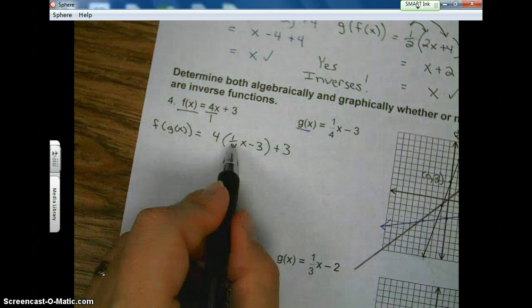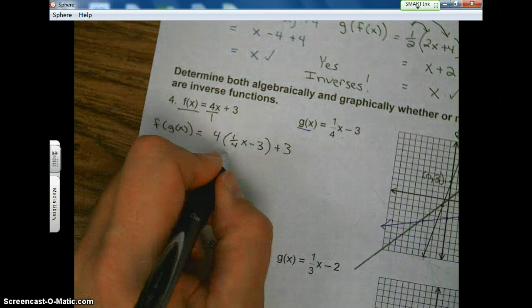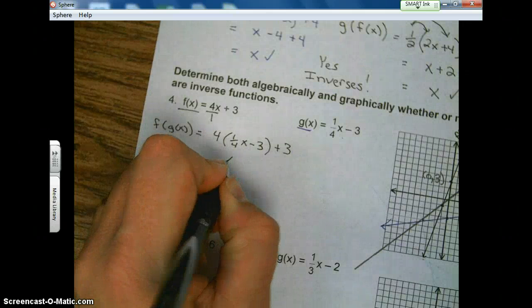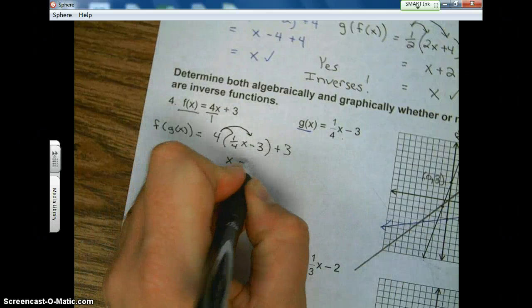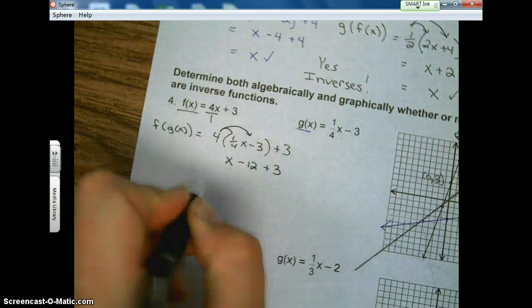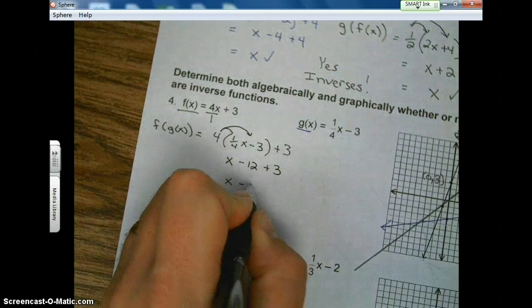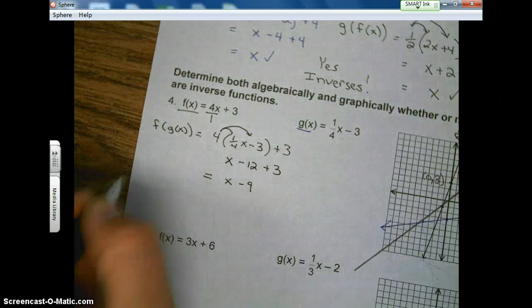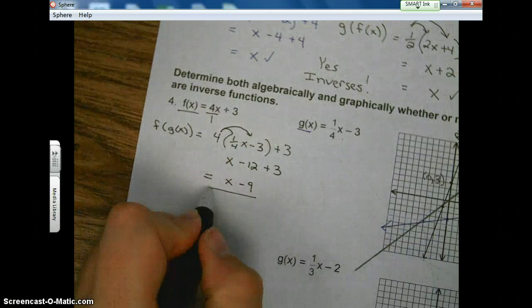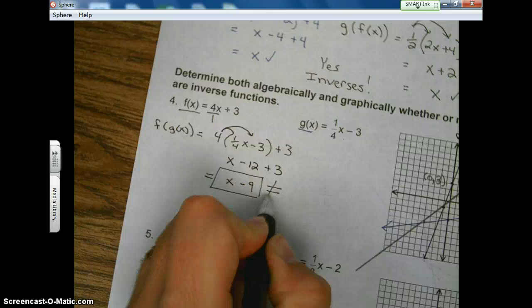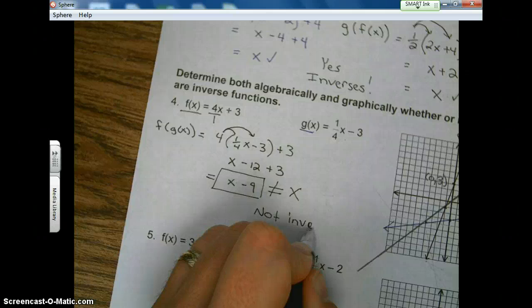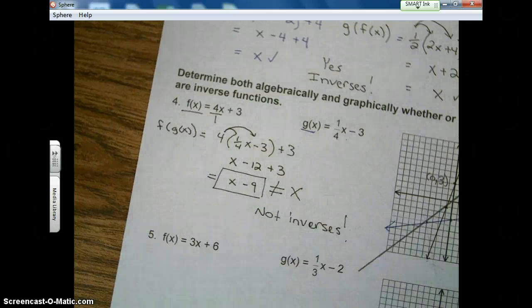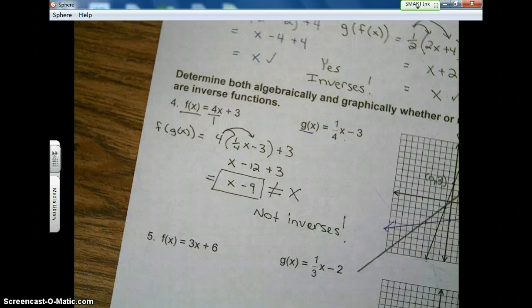Okay, 4 times 1/4 x is 1x. 4 times -3 is -12 plus 3. So we get x minus 9. And that does not equal x. So not inverses. Okay, let's take a look at the next one.